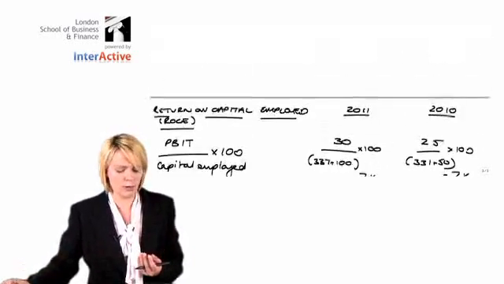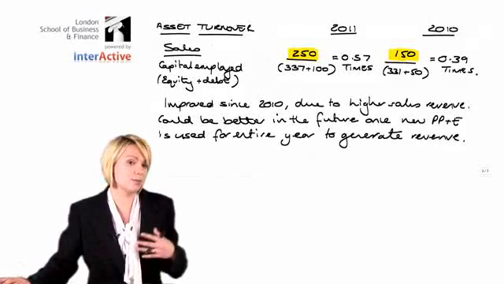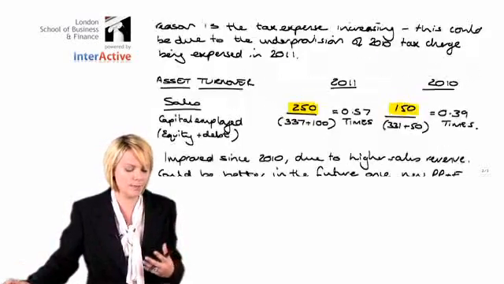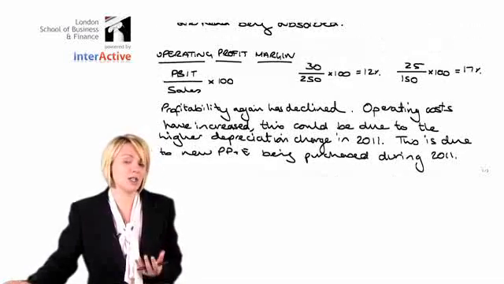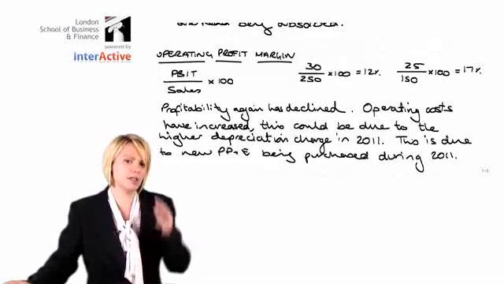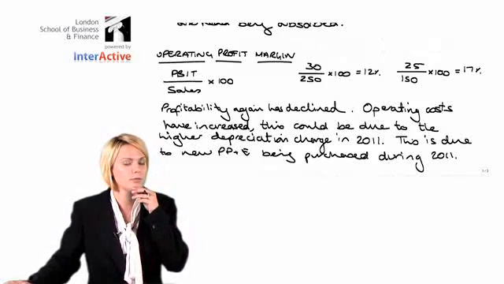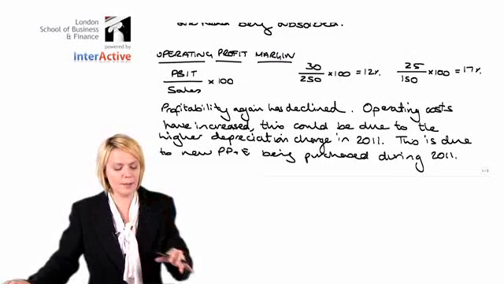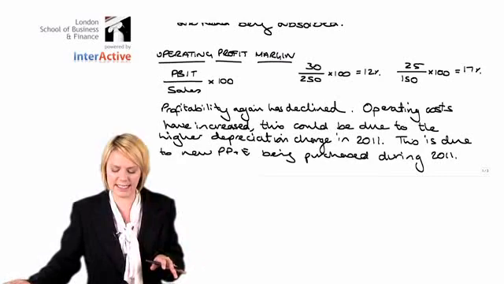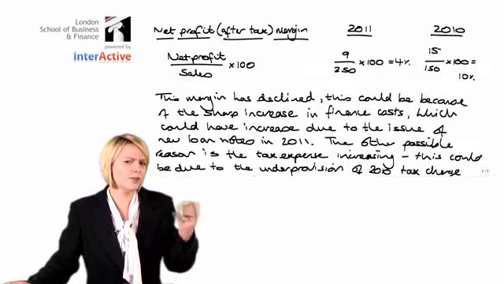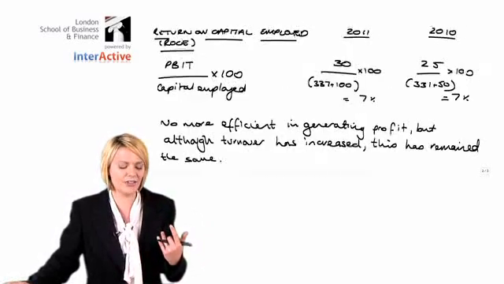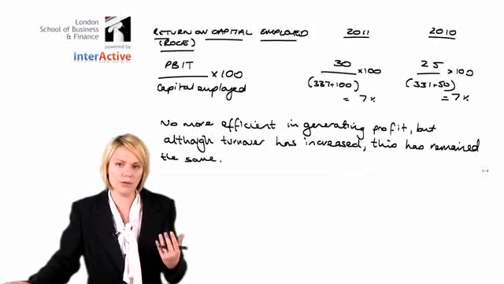As we said, we were utilising our assets more efficiently in asset turnover, but when we looked at operating profitability, we said that's gone down largely because of the depreciation charge. And if you think about it, operating profit margin and asset turnover, if you multiplied those two ratios together, that will give you return on capital employed.